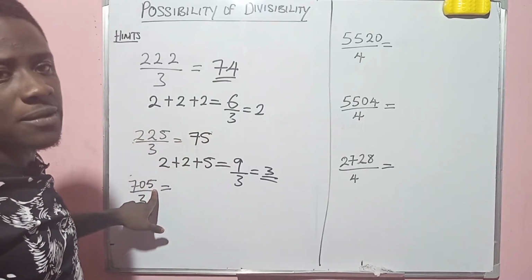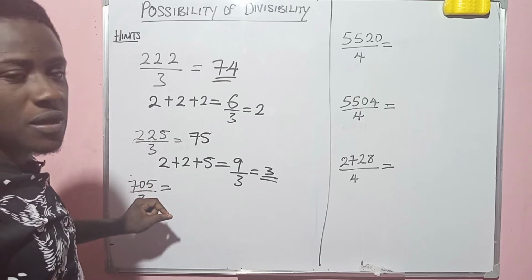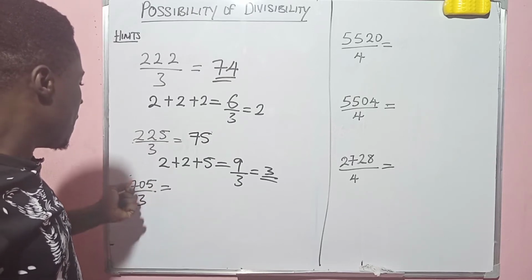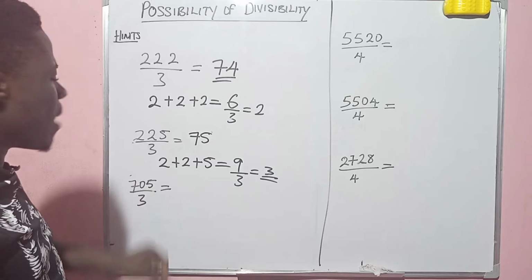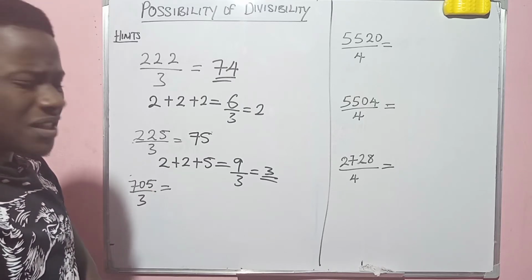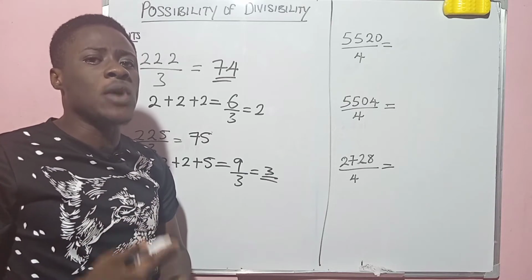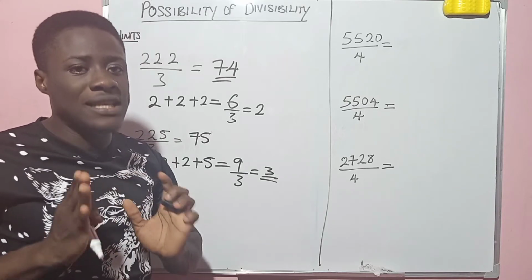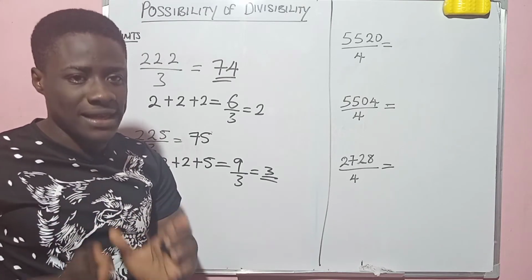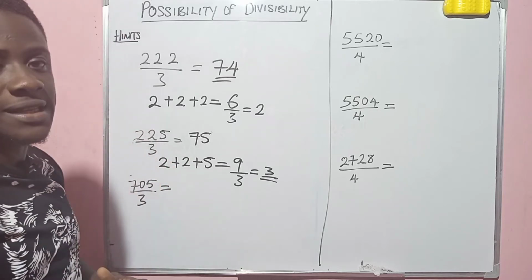Okay, the same thing is applicable here. 705. 705 divided by 3. If you check this, it's ending with 5. It seems as if 3 cannot divide 705. But once you add up the digits, and the sum of the digits can be divisible by 3, automatically 3 can divide this number.